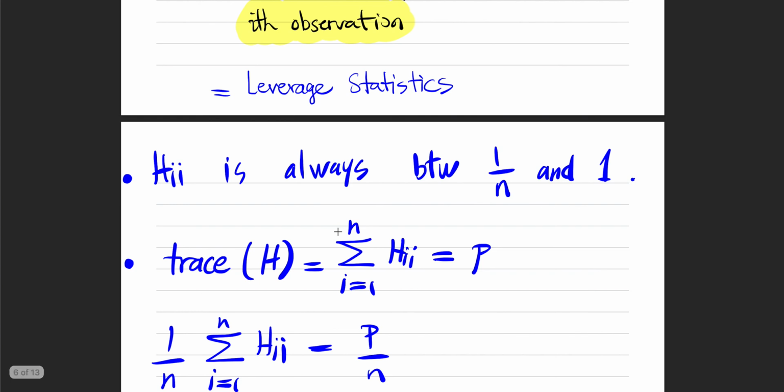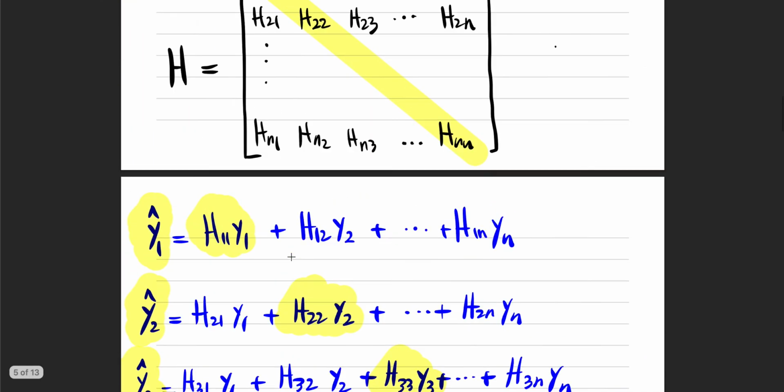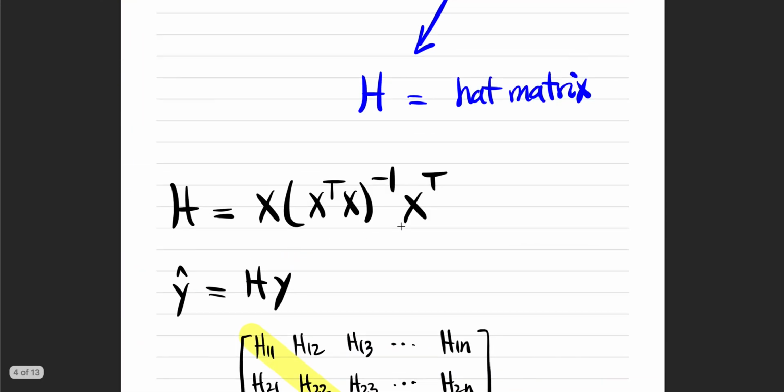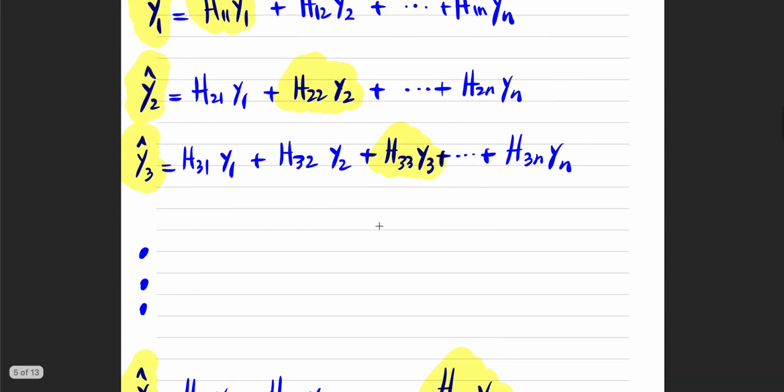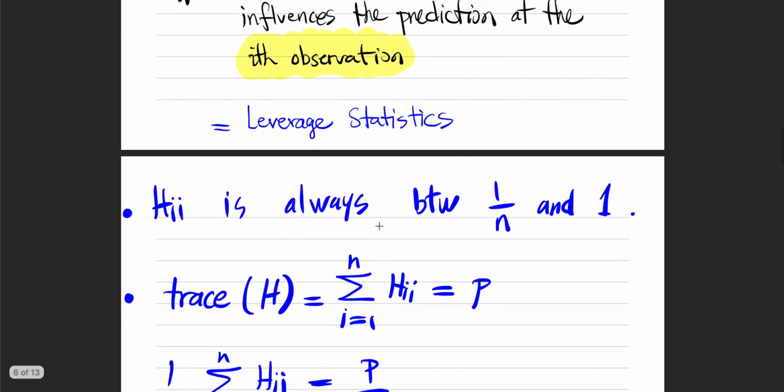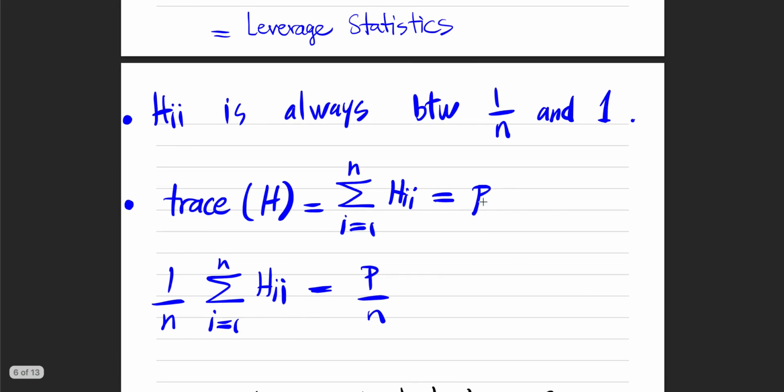Hii is always between 1 over n and 1. The trace of a matrix is the sum of its diagonal elements, and the hat matrix happens to be a projection matrix only because of the way it is created, so that the trace is always equal to the number of predictors.